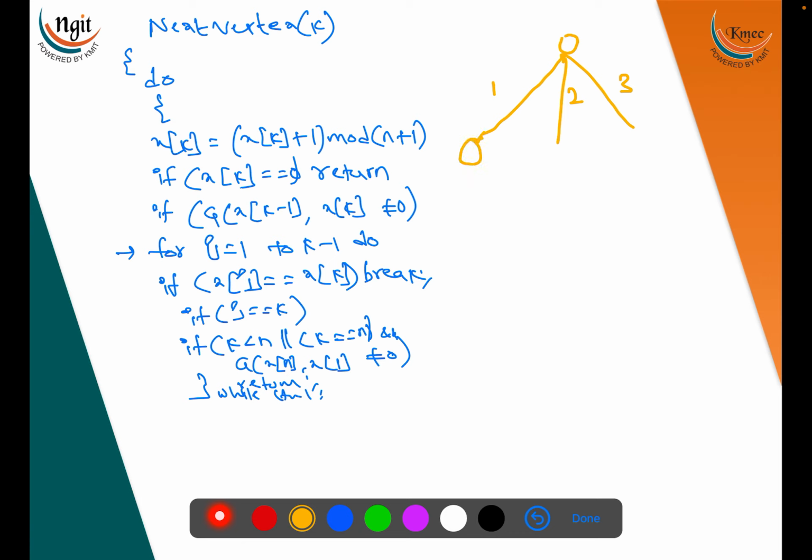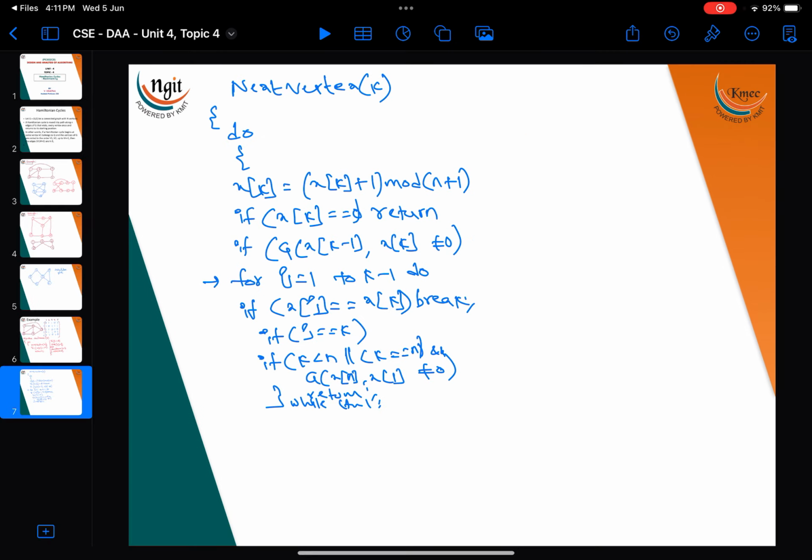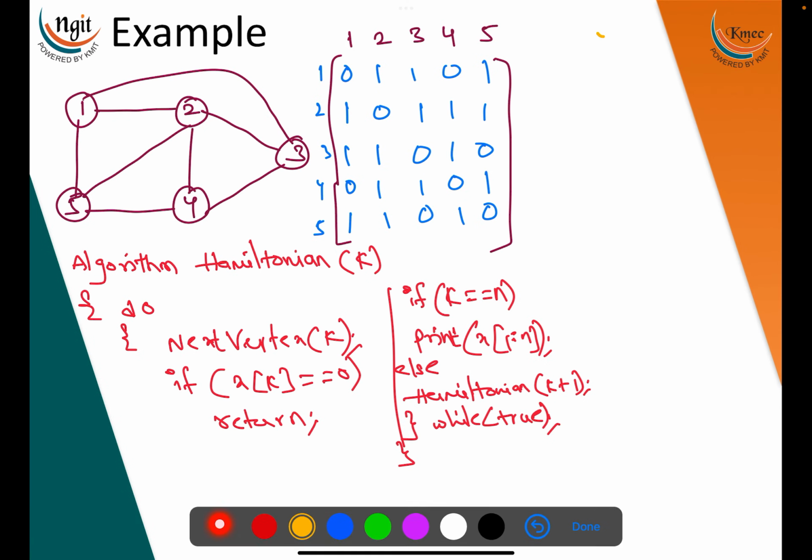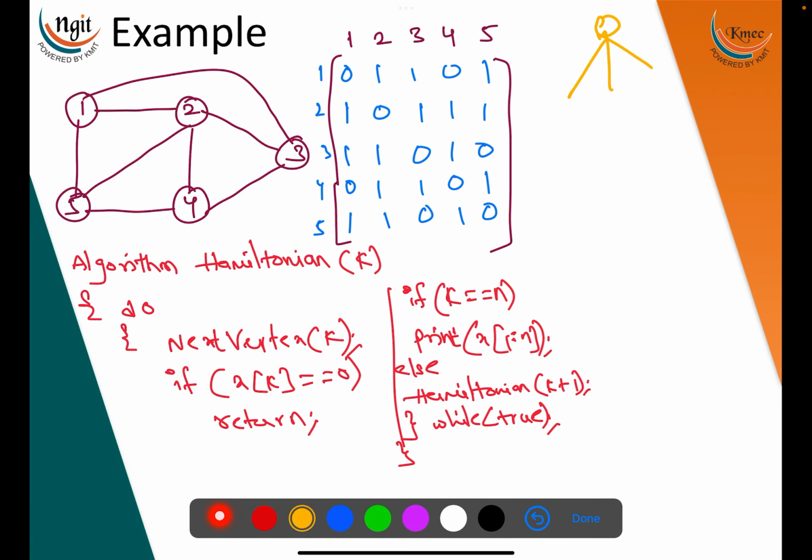After I visit the first vertex, I can go to the second vertex or the third vertex. Based upon what we move to, we will use the cost adjacency matrix. The cost adjacency matrix will tell you whether the connection is there from one node to another or not. Now we'll take a graph with 1, 2, 3. So I have completed visiting the first vertex.